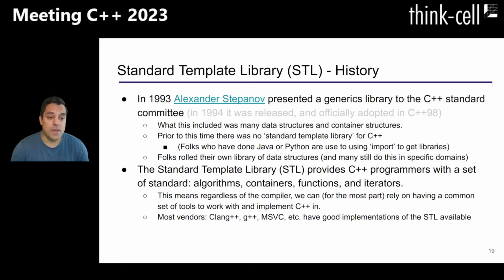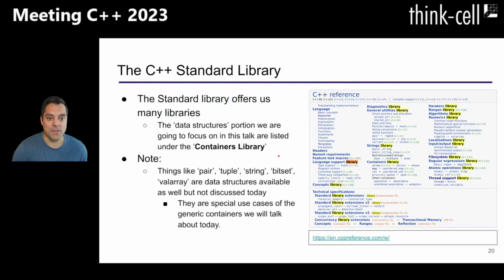And then I should also be able to use some of those containers and data structures with things like algorithms and so on. So generally speaking, we have the standard template library available with many different compilers from many different compiler vendors, and it's supported fairly well on pretty much every platform where you can find C++.